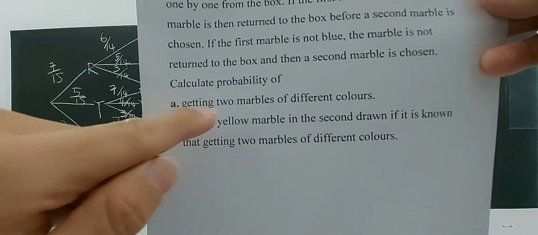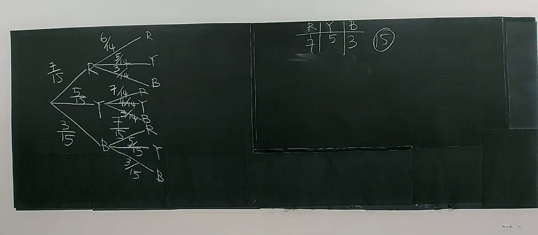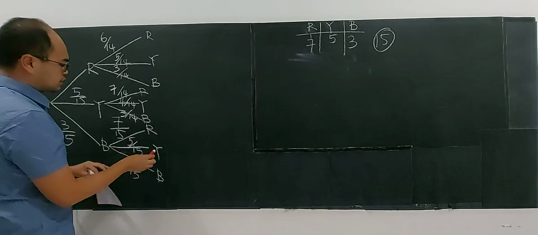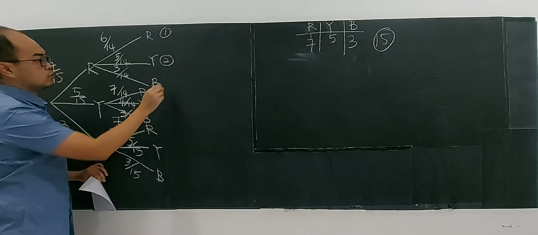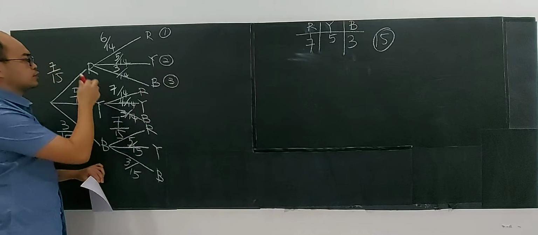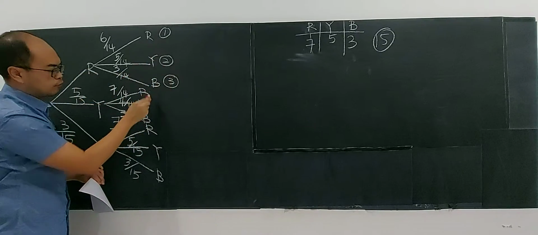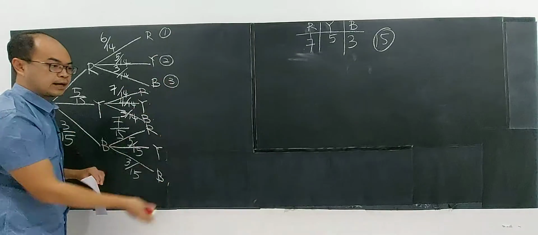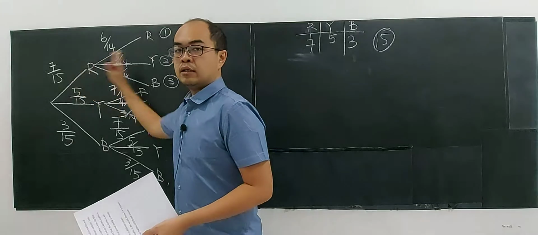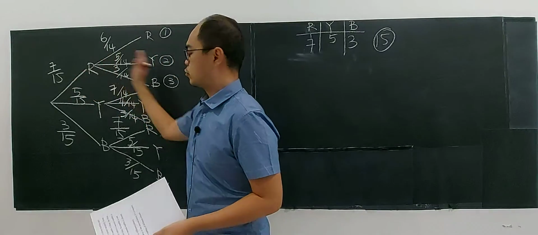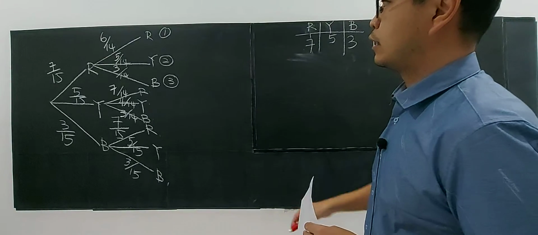The probability of getting 2 marbles of different colors. So how many possibilities do you have here? You have red red, red yellow, the first is red and the second one is blue, so you have 1, 2, 3, 4, 5, 6, 7, 8, 9 outcomes. 9 possible outcomes for 2 drawings. Getting 2 marbles of different colors, which ones?